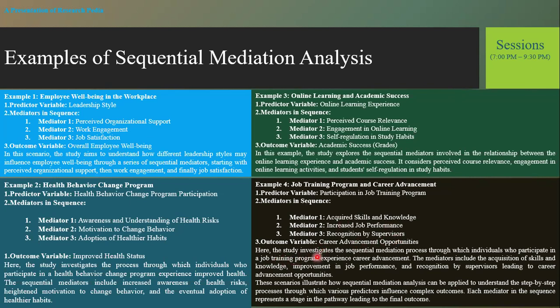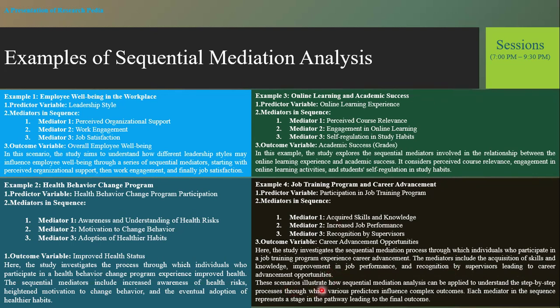So here the study investigates the sequential mediation process through which individuals who participate in a job training program experience career advancement. The mediators include the acquisition of skills and knowledge, improvement in job performance, and recognition by supervisors, leading to career advancement opportunities.